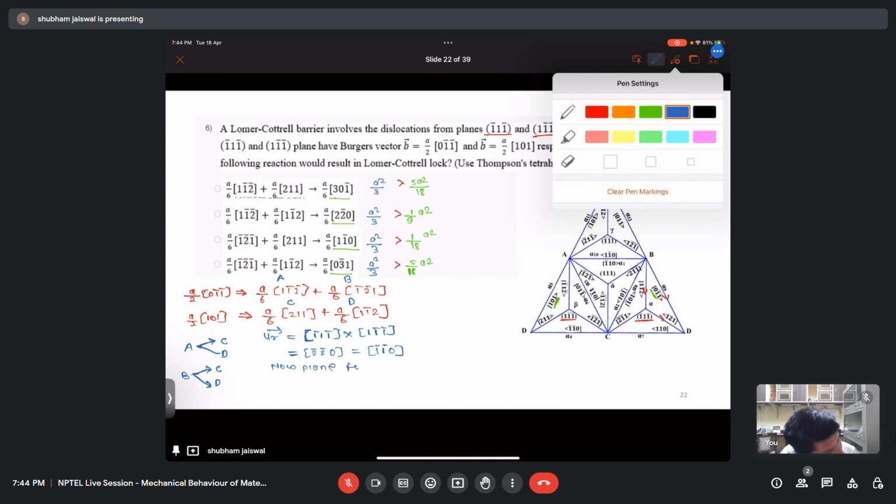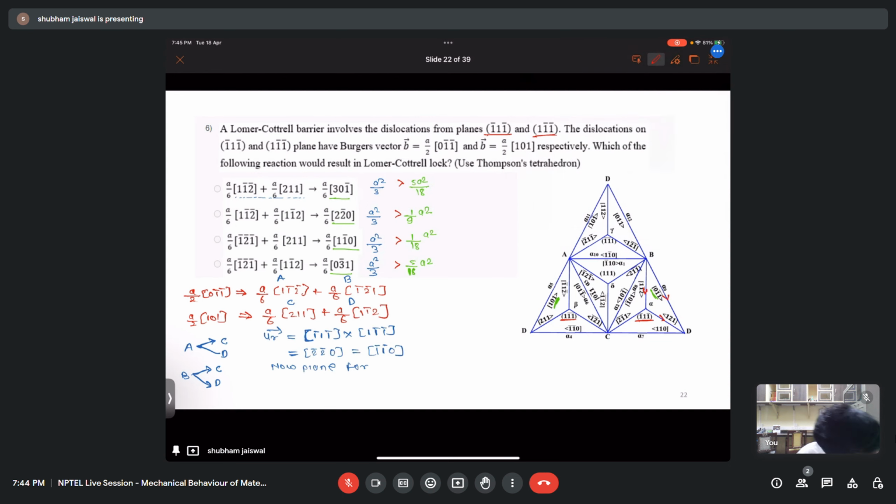Okay, so now if we calculate for all these cases, that is option 1, plane 1: [3 0 1 bar] cross [1 bar 0], it comes out to be 1 bar 3 bar.